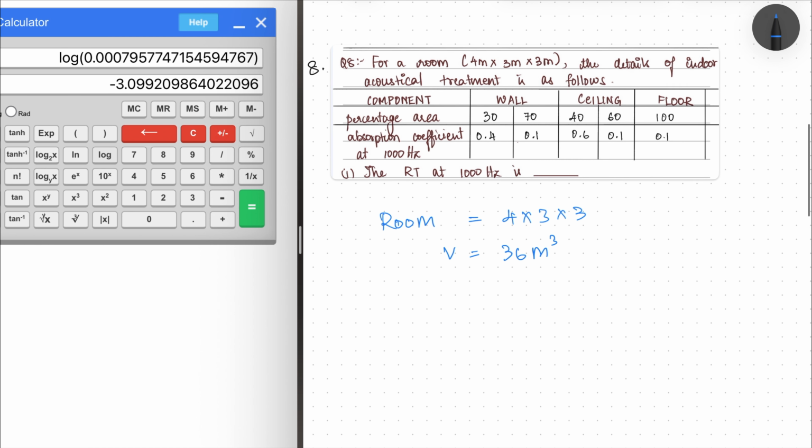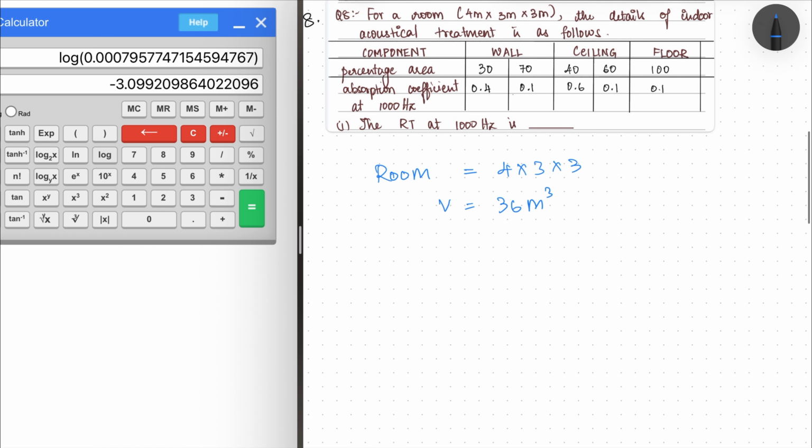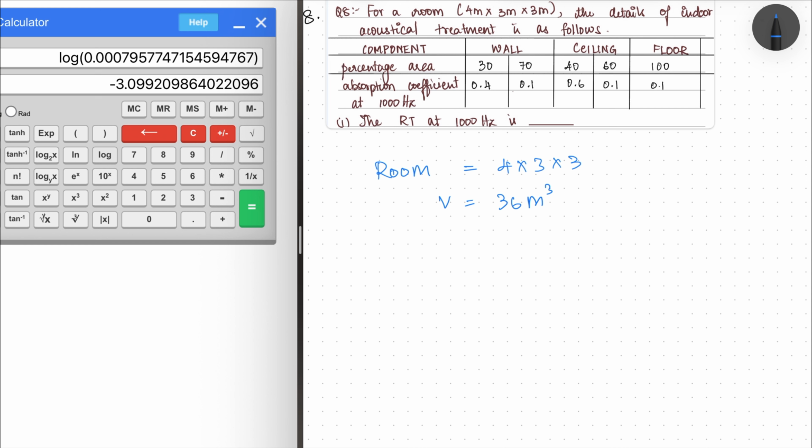Okay, this sum needs a bit of patience, but it's very easy to do. So what they have given is the percentage of wall, ceiling and floor and the coefficient for it. So you have to find separately, multiply it, add it together to get a total absorption, and we simply put it in our Sabine formula to find it.